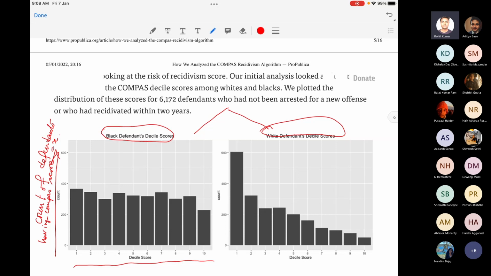Very good. So basically, what you see from these two distributions is that a very large number of white defendants are at compass score 1.